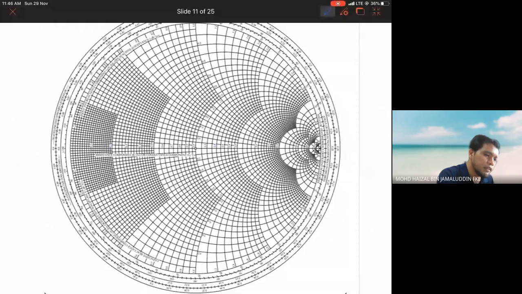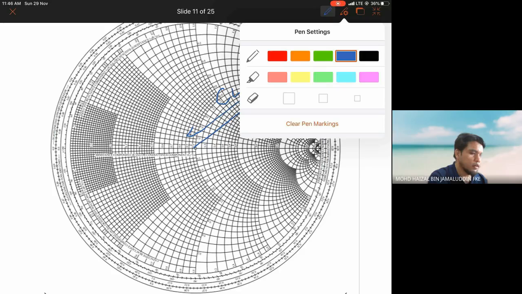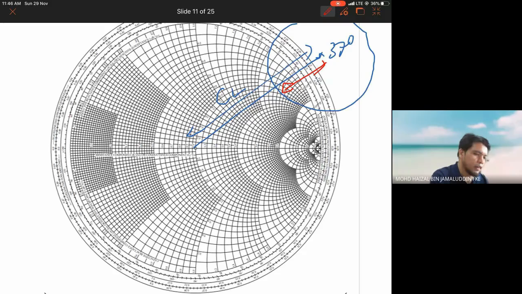For example, here is a stability circle whose center is at distance CL, at an angle of, for example, 37 degrees. This is just an example, with the radius RL of the stability circle. This is just an example on the Smith chart of how we can draw the stability circle.